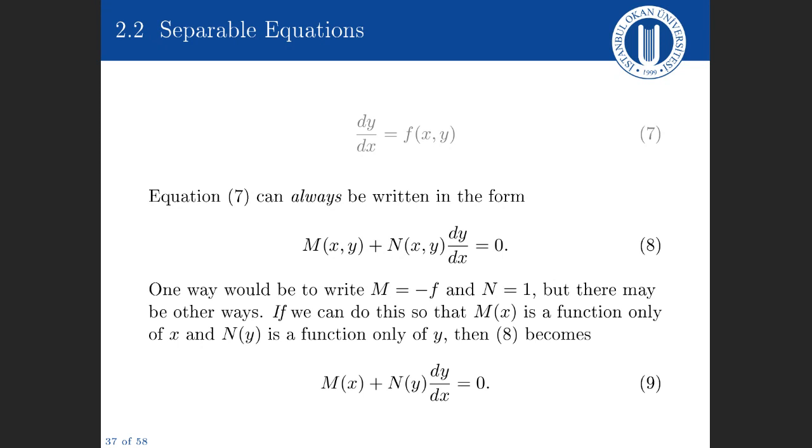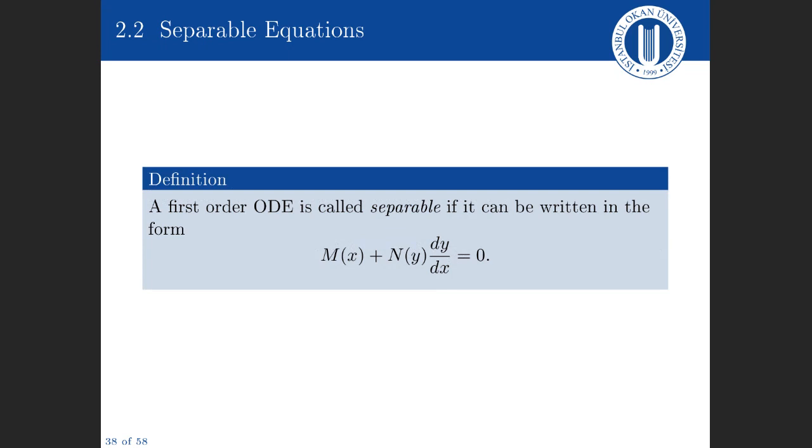If we can do this in such a way that M is a function only of x and N is a function only of y, then our equation becomes M(x) plus N(y) dy/dx equal to 0.